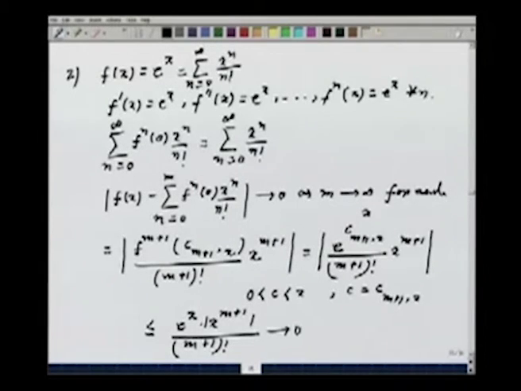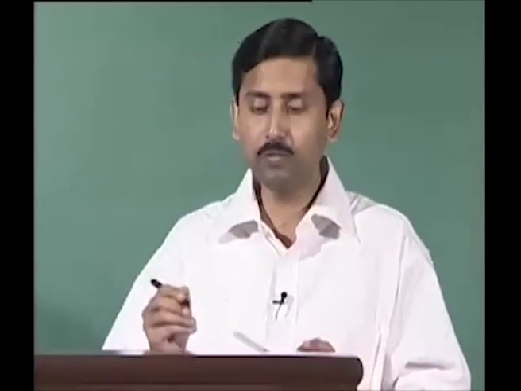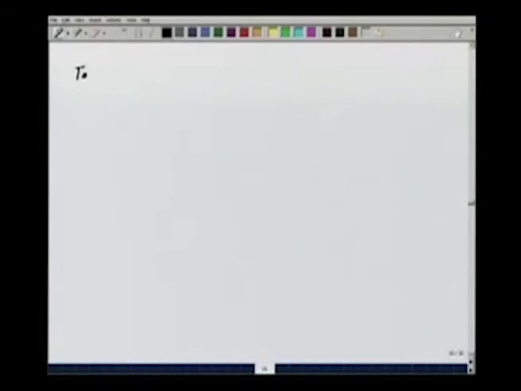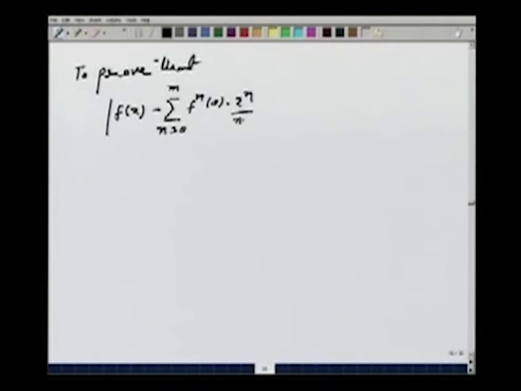So in general, if you want to show the Taylor series of a function at a point x converges to the function, all you have to do is to prove that limit m going to infinity of modulus of f(x) minus summation n from 0 to m f^(n)(0) x to the power n by factorial n is equal to 0.